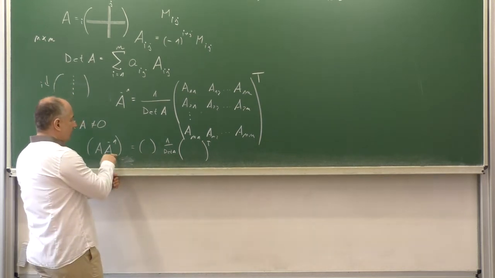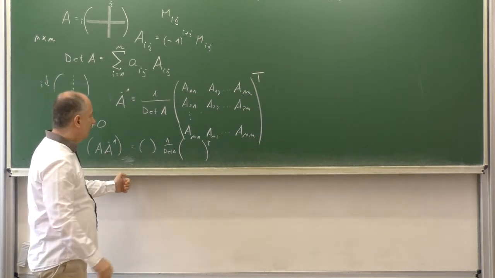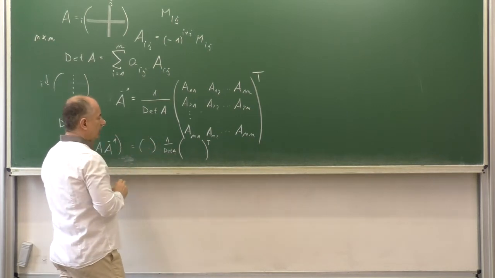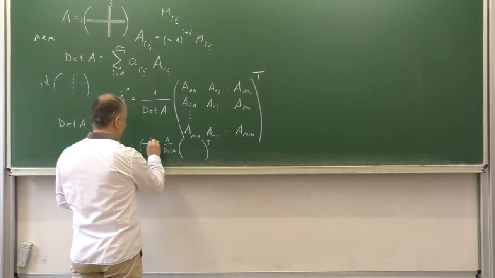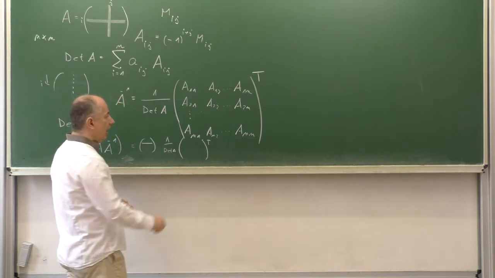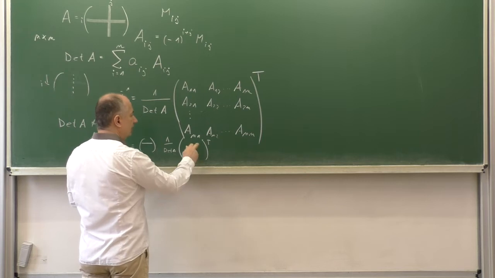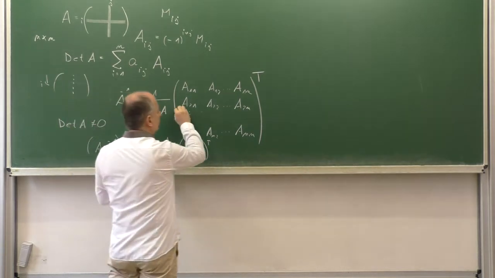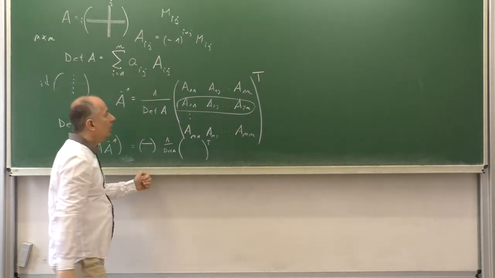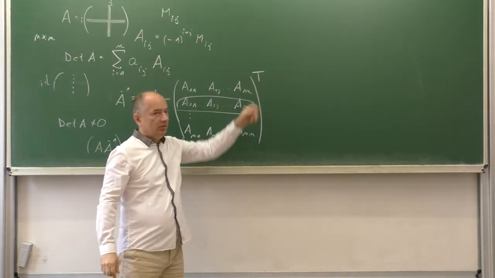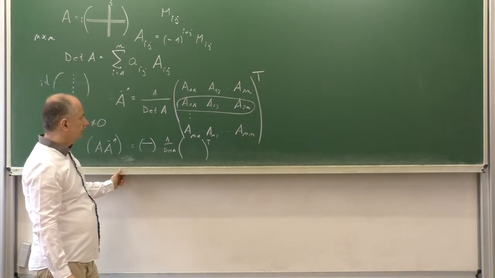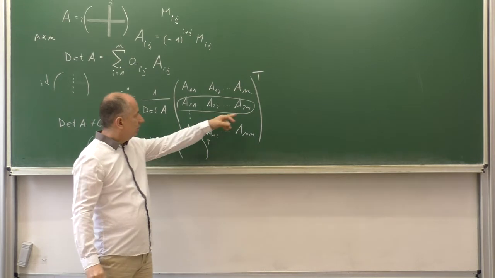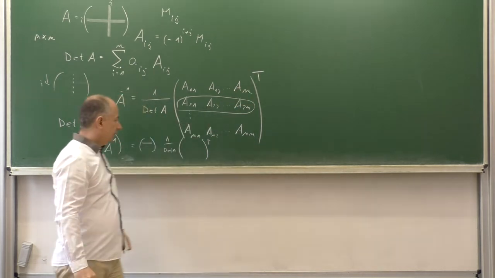One particular entry of this product is, up to this scalar factor, the scalar product of one row from A and one column from this transpose, which is equivalent to one row of this matrix before transposing. You see, a column of this is equivalent to a row of this without the transpose.